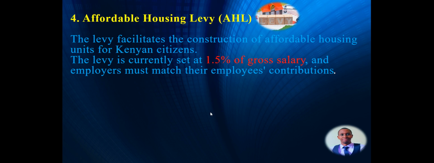Currently, the custodian is Kenya Revenue Authority. The employer is also supposed to contribute the same amount. Therefore, it's like they are doing 3%: 1.5% deducted from the employee and 1.5% from the employer. Therefore, they should remit 3% for that particular staff.